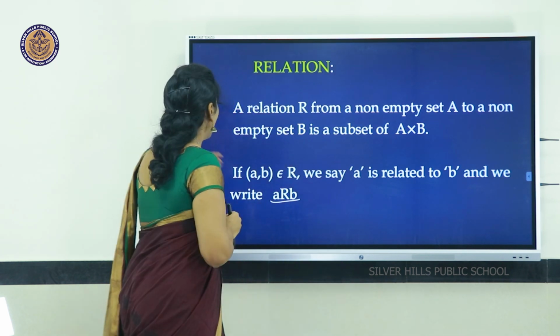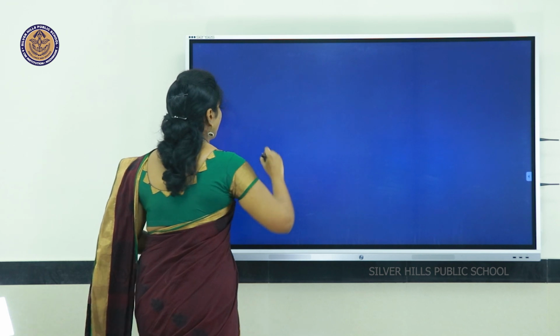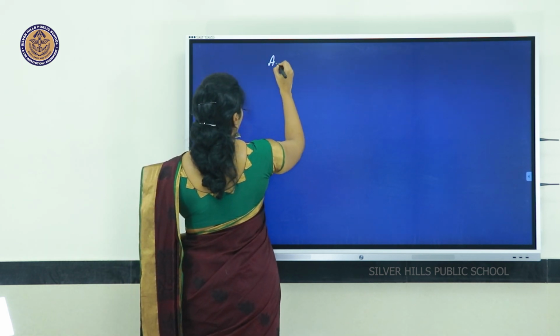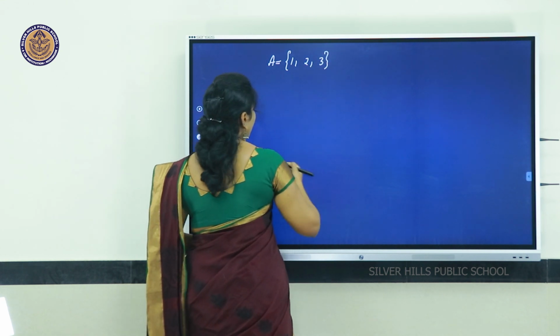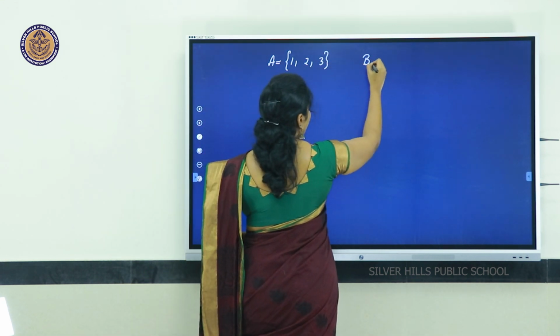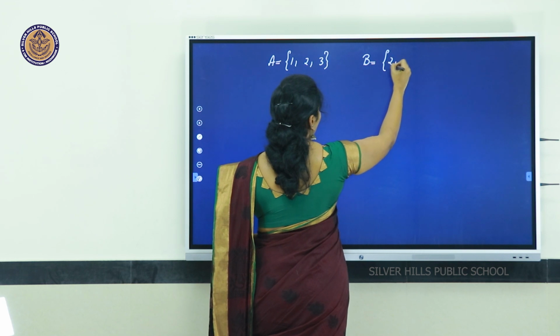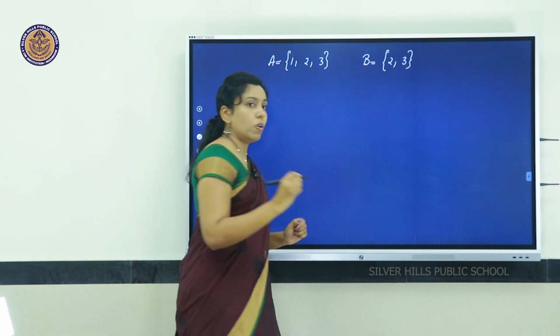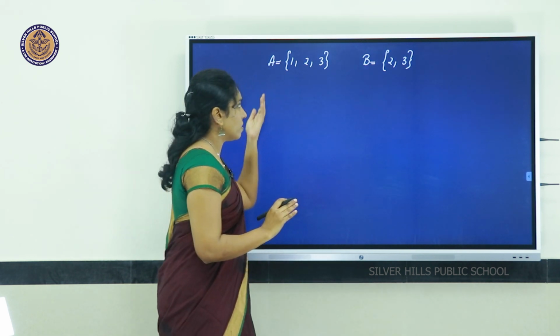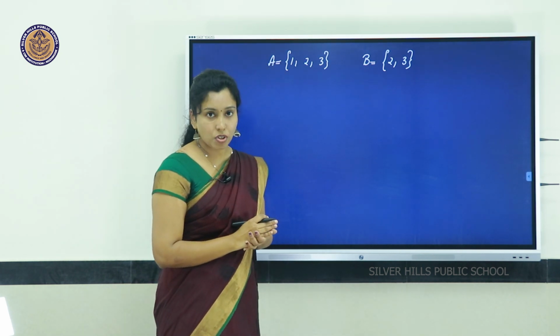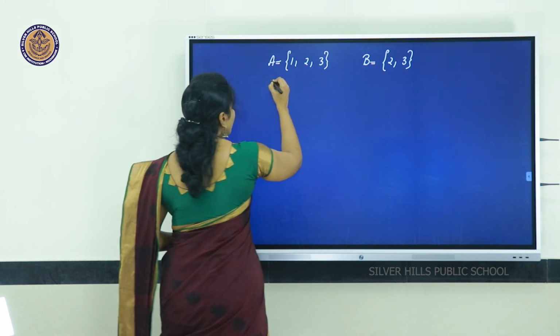So let us do one example and let us check what will be the answer for that relation. Let us consider a set A equal to {1, 2, 3}, and another set B is equal to {2, 3}. So we all know how to write the Cartesian product of A and B, because the same question I showed you in the definition of the Cartesian product. So what is A cross B?